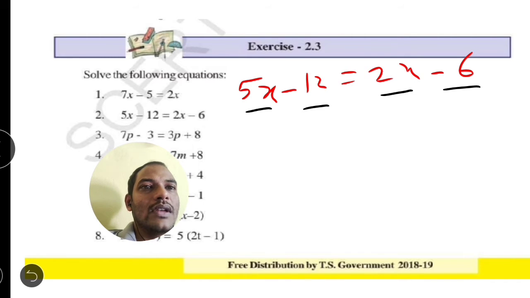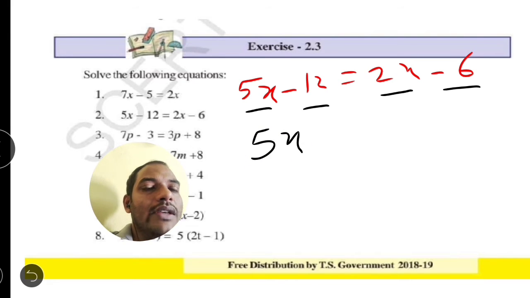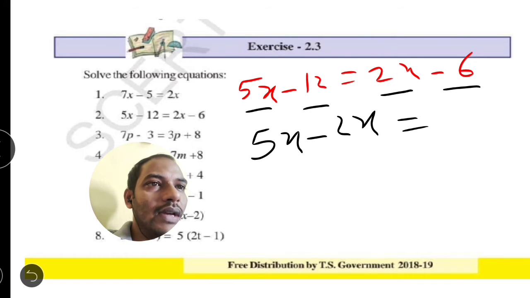So variables on the left side, constants on the right side. Let us write 5x, it is already on the left side, so 5x. Next, 2x will become minus 2x, equals constant numbers. See here, first the right side constant number you have to write, the right side constant number minus 6.